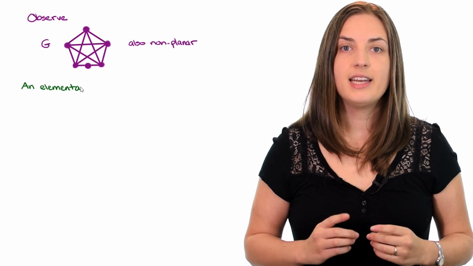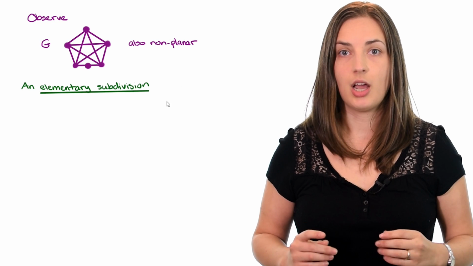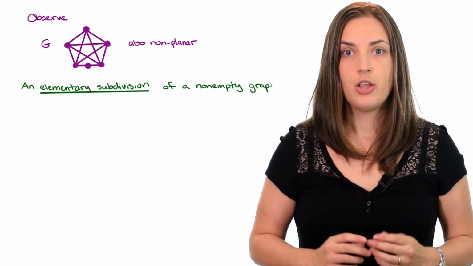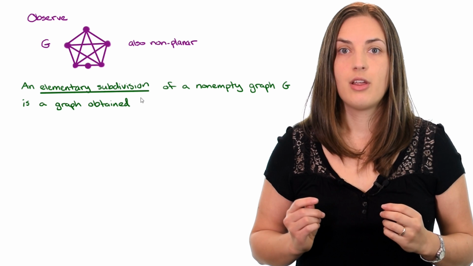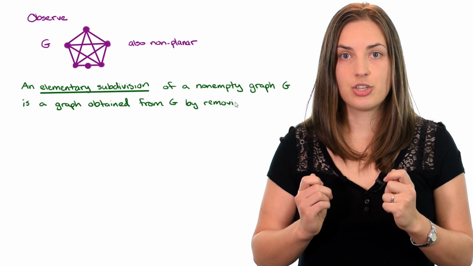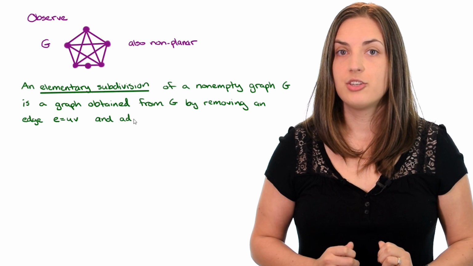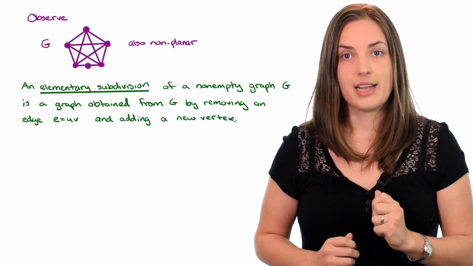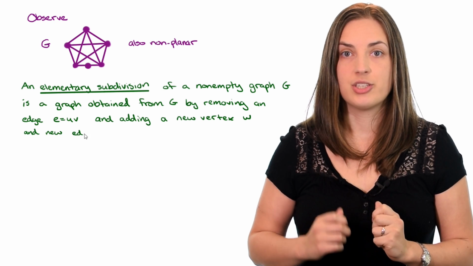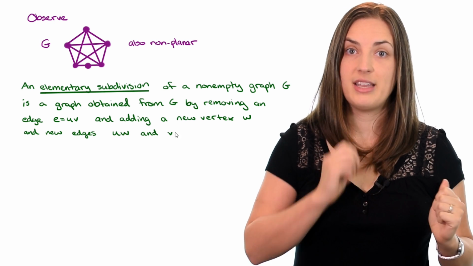First, we define an elementary subdivision of a non-empty graph G to be a graph obtained by taking an edge in the original graph G, call it e equals uv, removing that edge and adding a new vertex w and two new edges, uw and vw.